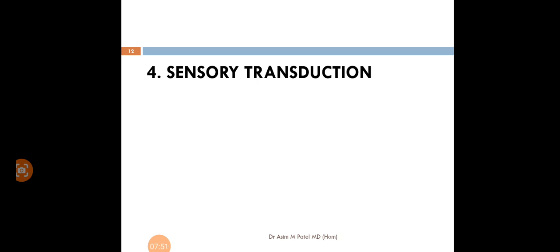They convert this mechanical stimulus into electrical energy, that is receptor potential. One form of energy is converted into another form. That is why this property of receptor is called sensory transduction. So sensory transduction means the receptors convert one form of energy into another form of energy.